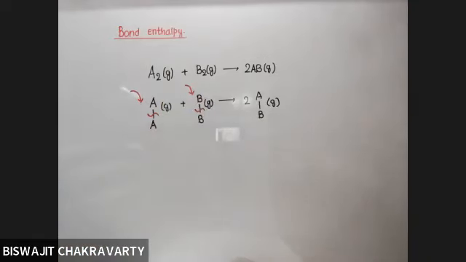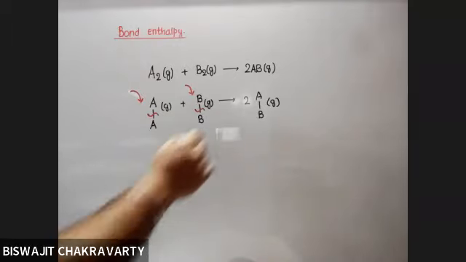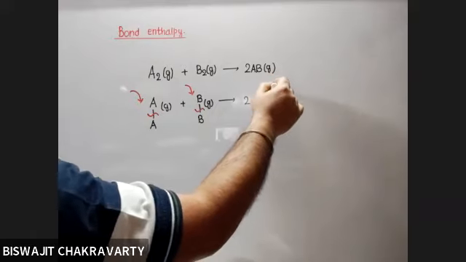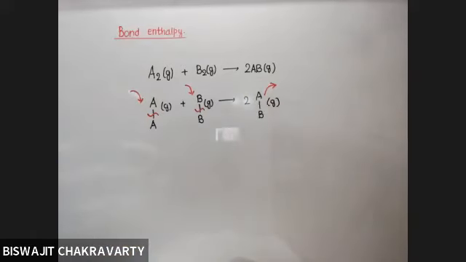You have to supply energy, because to break something, we need to supply energy. And when new bonds are formed, energy will be released. So what is the sum total of the energy required and energy released? That will be called the bond enthalpy.